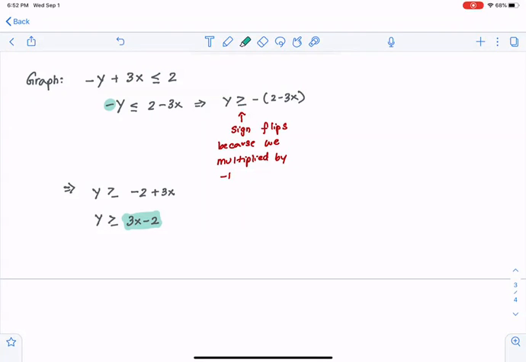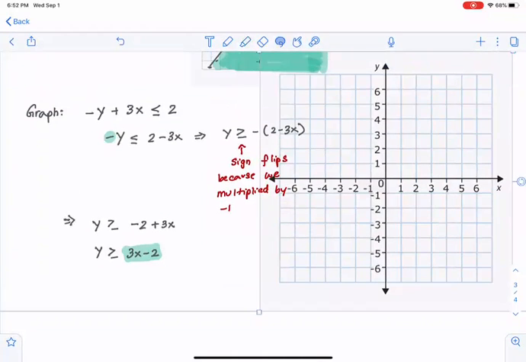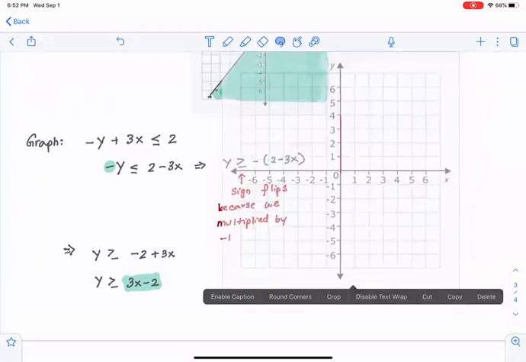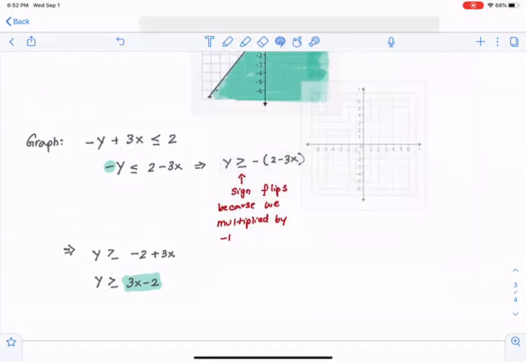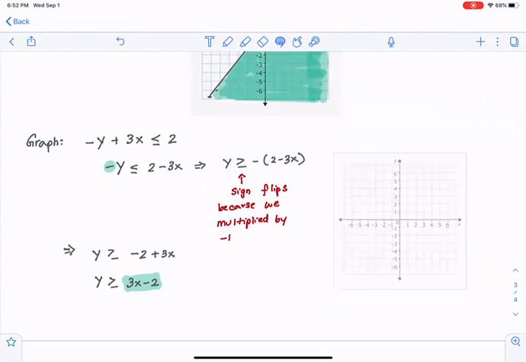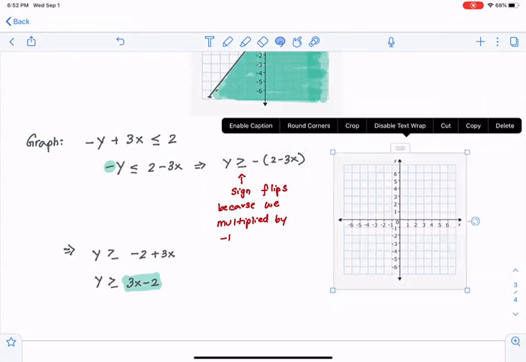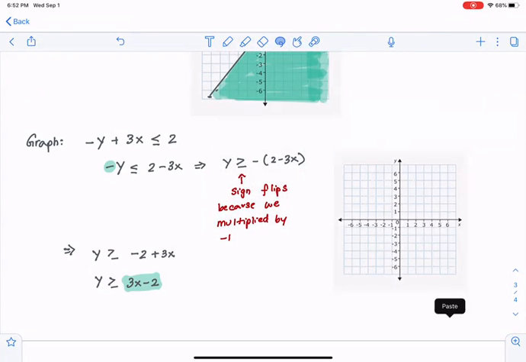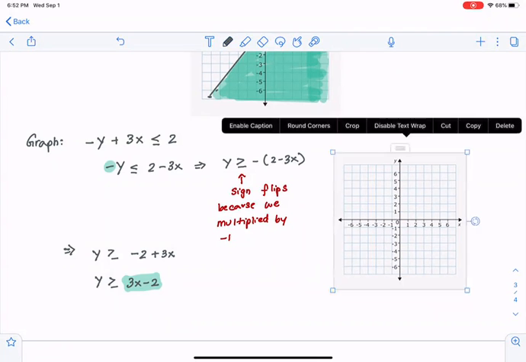We are going to draw a solid line because we have an equal sign. So the intercept is easy because it is -2.